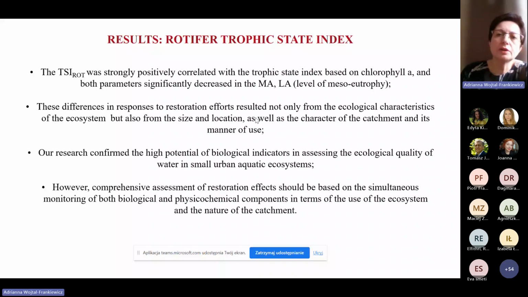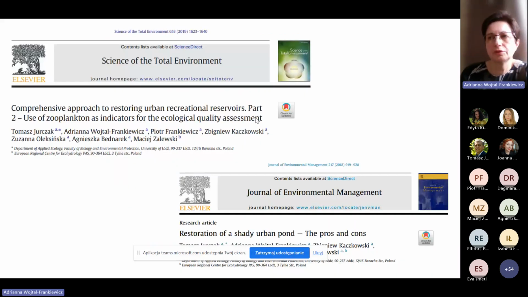Currently, 10 years after the rehabilitation of Arturówek reservoirs, we continue the studies using zooplankton indices. And the practical use of trophic zooplankton indexes, especially the rotifer index, you can find in our papers.